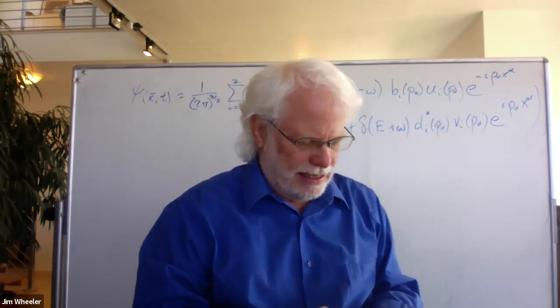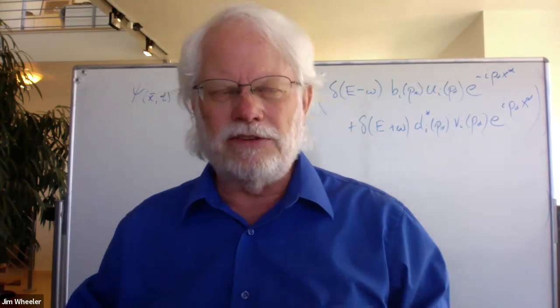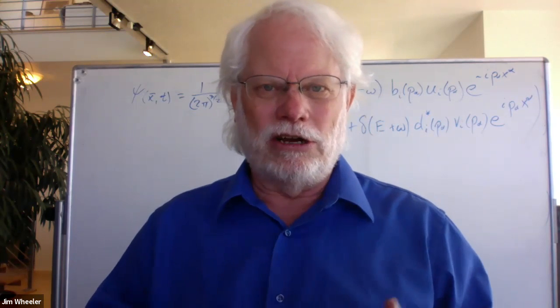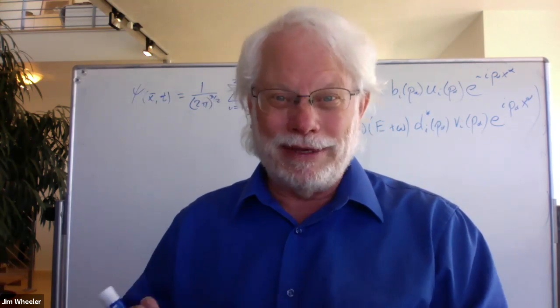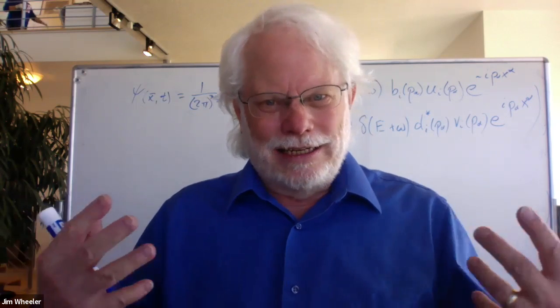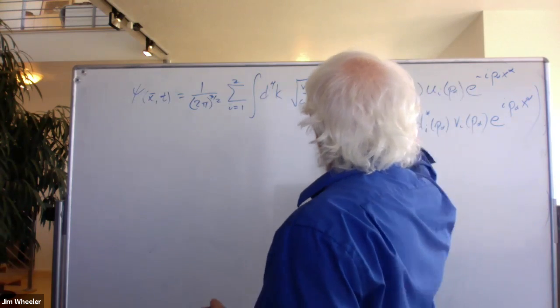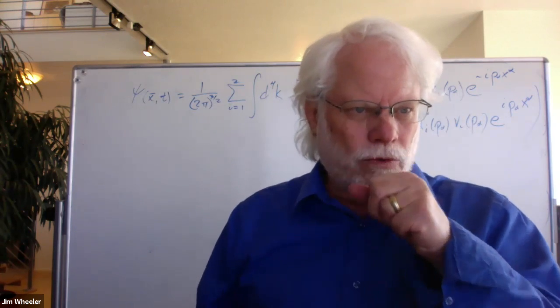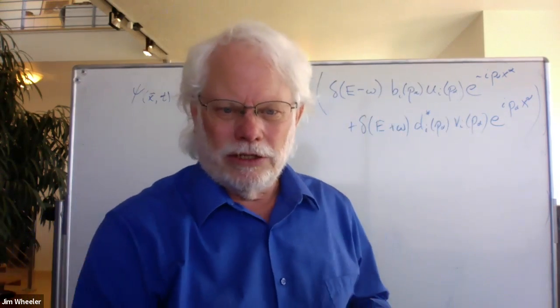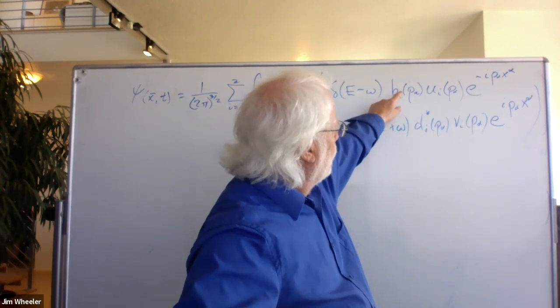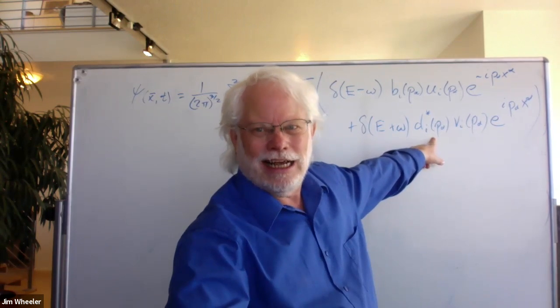And then that way, when we quantize the field and impose canonical quantization conditions on psi and its conjugate momentum, it induces operator status onto the b and the d, which are going to annihilate a particle or create an antiparticle.